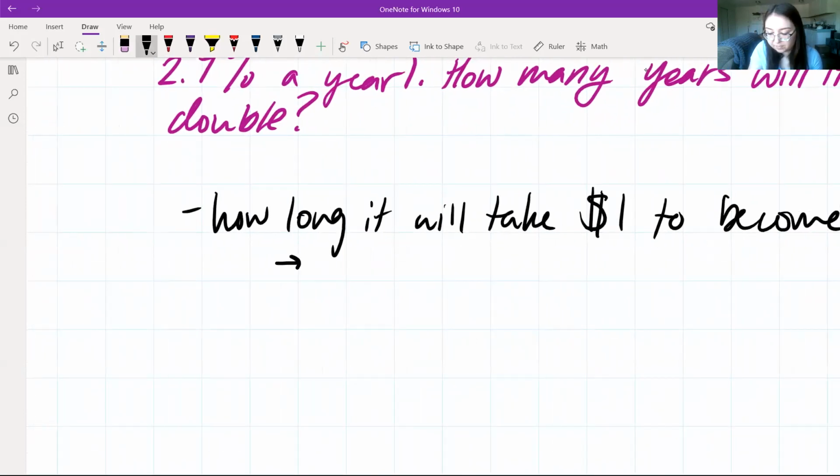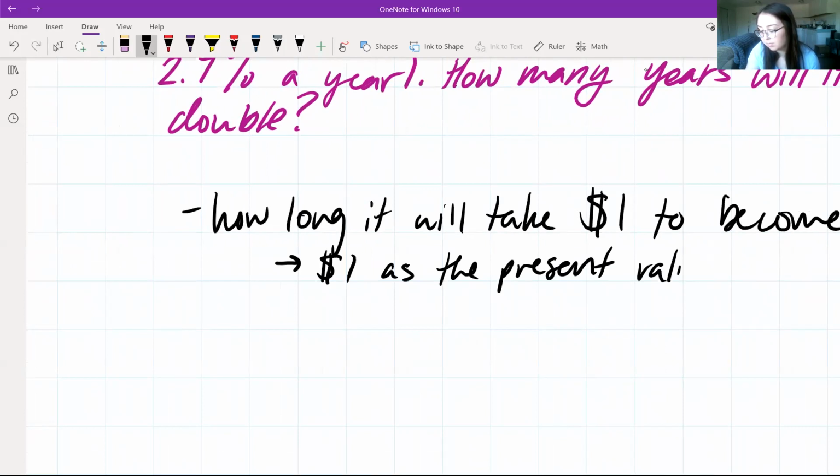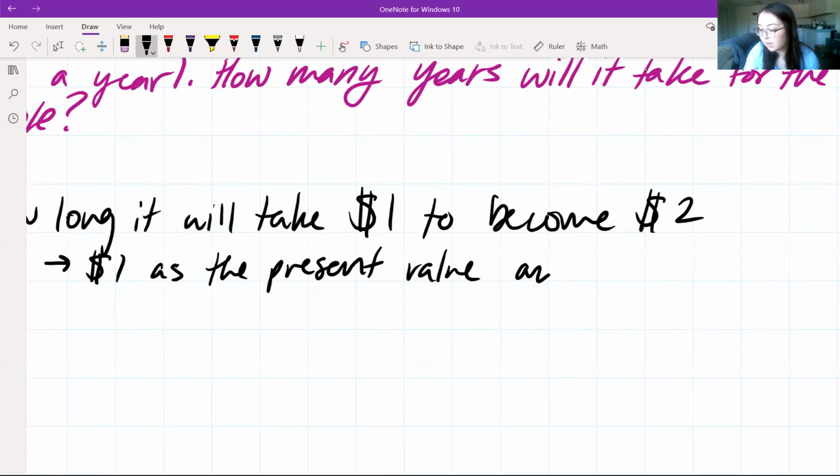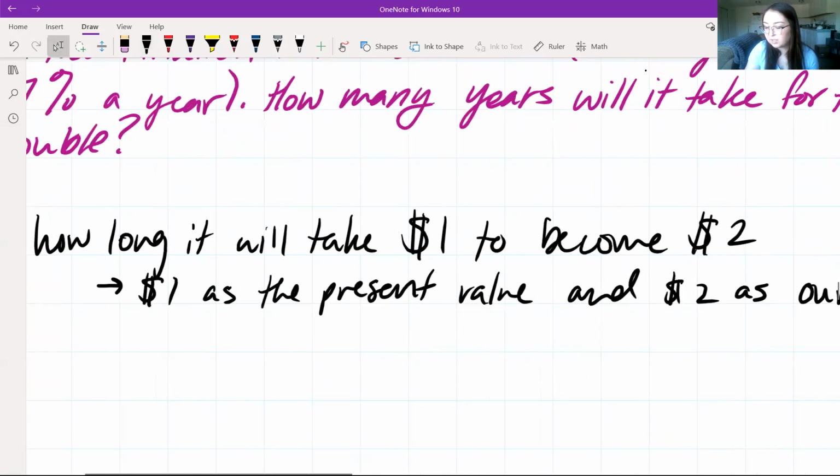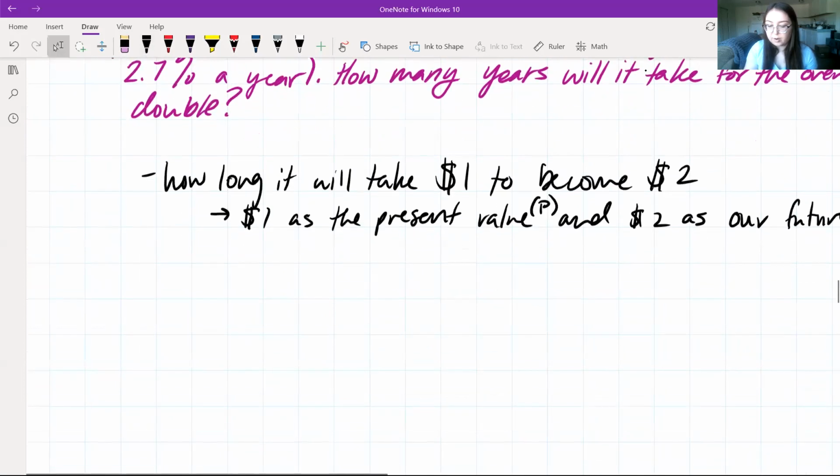So then we can just take $1 as the present value and $2 as our future value. And if you remember, our future value, which we called in our last equation, is going to be A. And we know our present value is going to be P. All right.